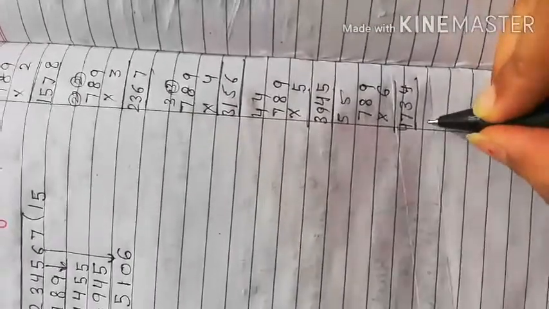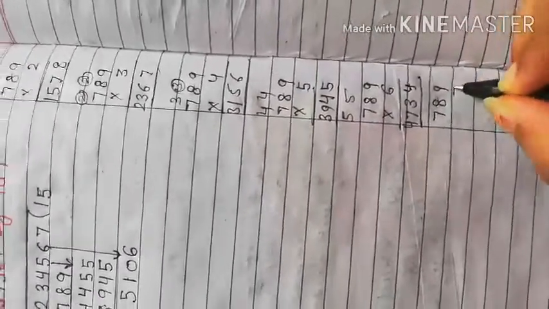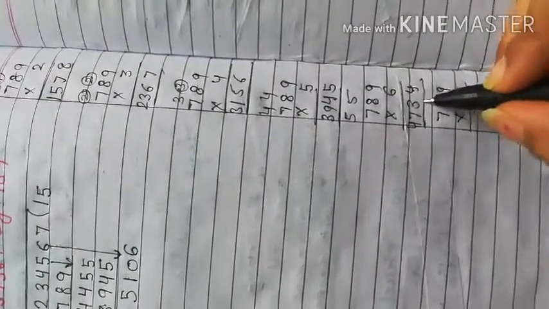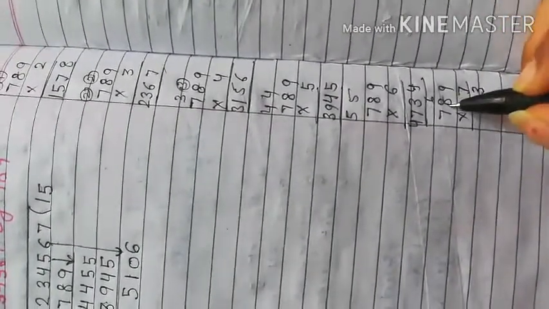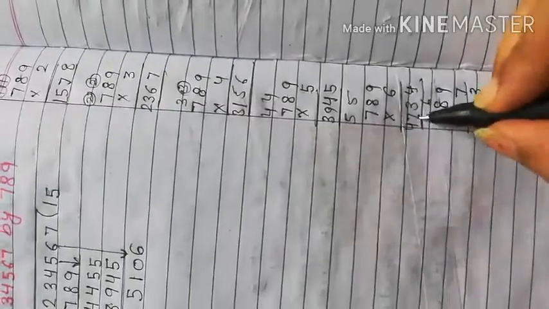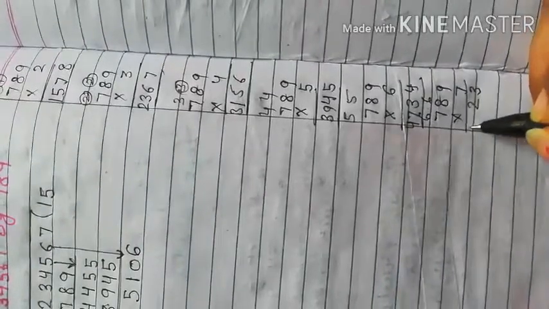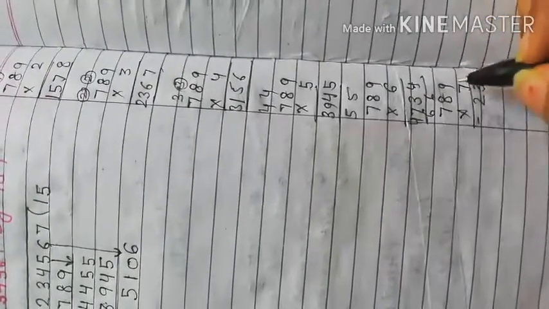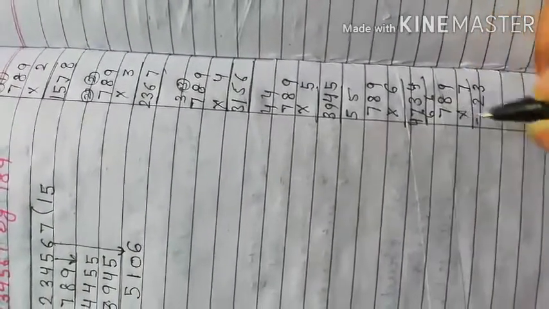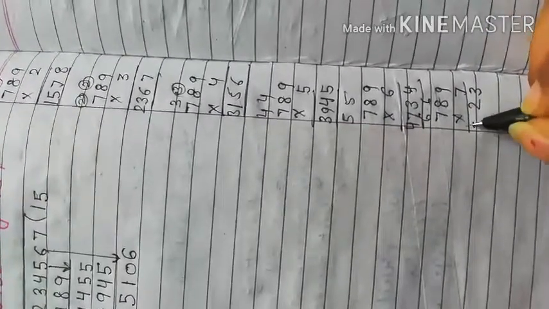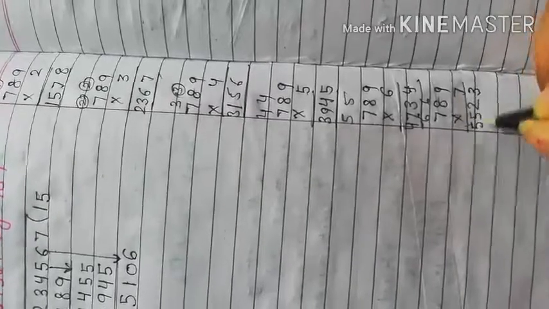So we will see whether we can go up to 7. 7 nines are 63, 7 eights are 56 plus 6, 62, 49 plus 6, that is 55.